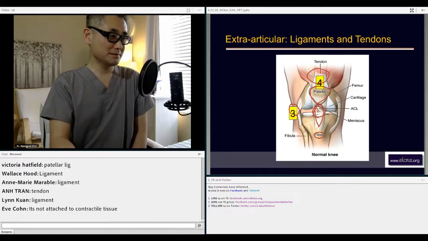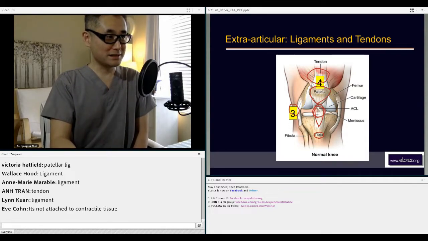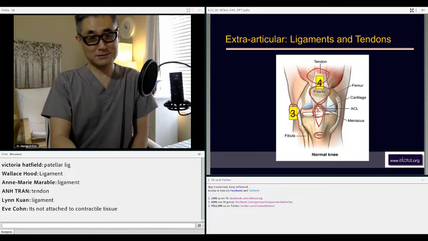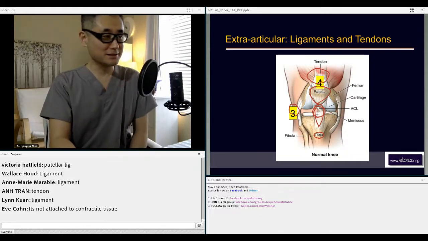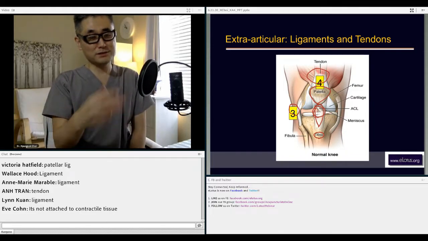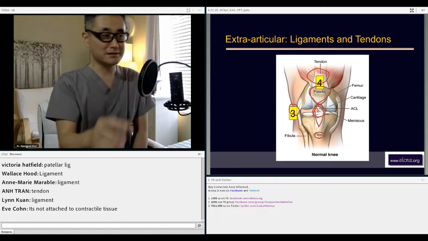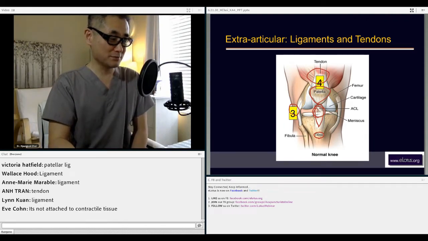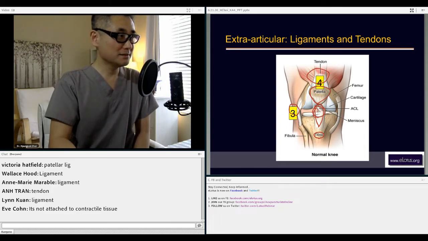But either way is fine. That can be ligament, that can be tendon. But this is not a good example of a typical ligament. This is not functionally a ligament. And the books these days usually refer to it as a tendon, not a ligament. But nobody can say anybody's wrong about this.